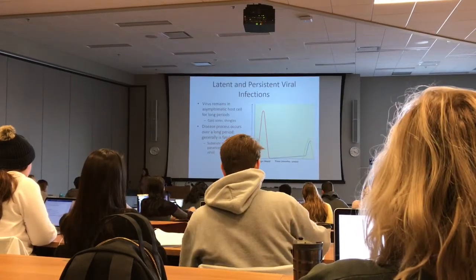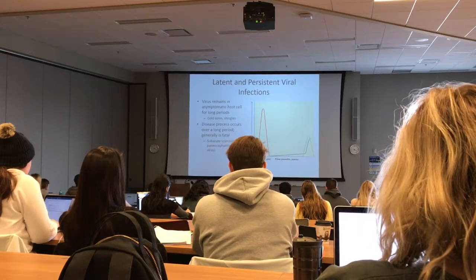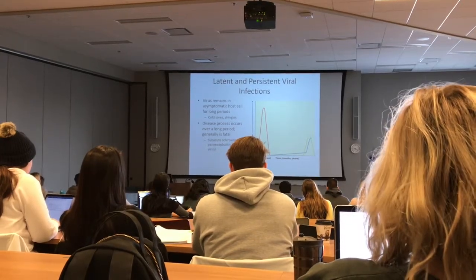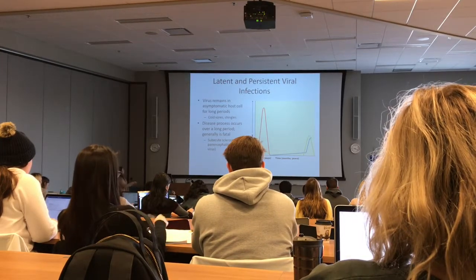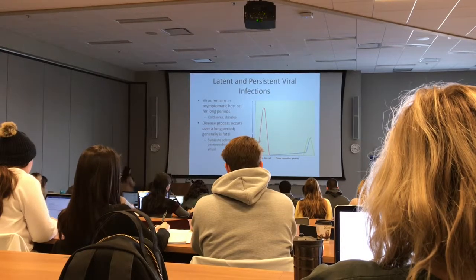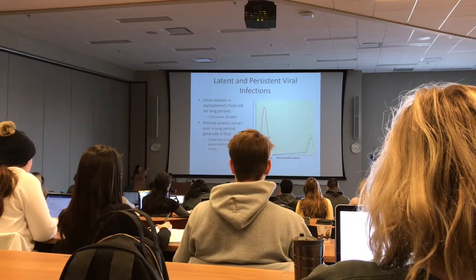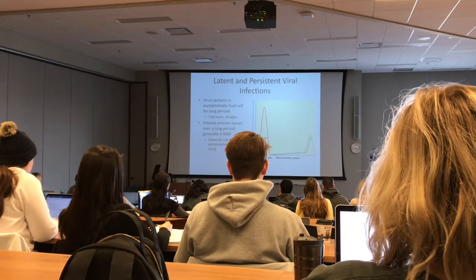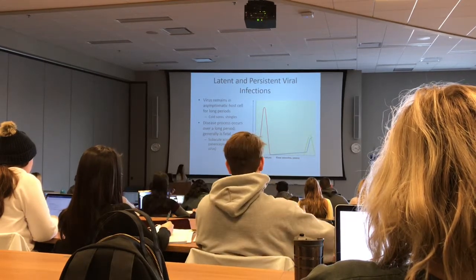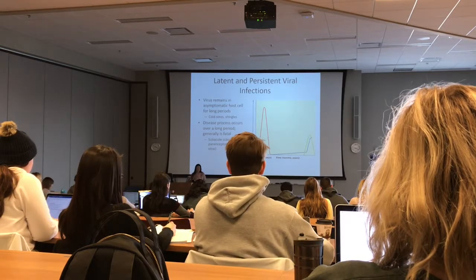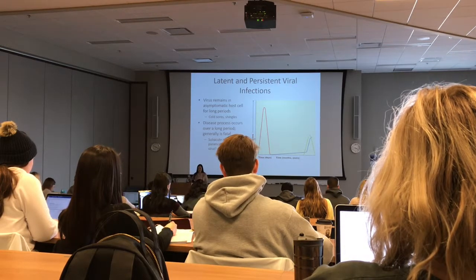All right, so some other terms that would be really important to recognize. We've talked a lot over the semester about latent infections versus acute or persistent chronic infections, right? And remember, acute infections show up right away, right? That's what acute means.